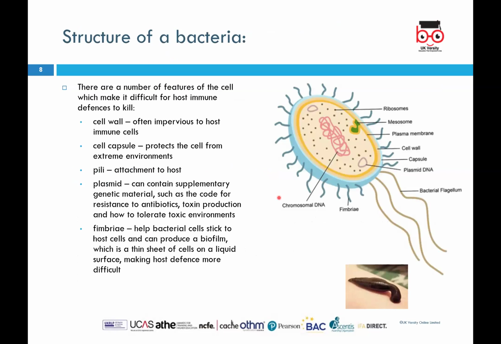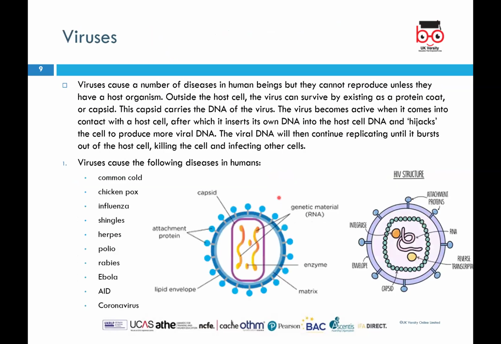So we talked about the bacteria, how they're structured, and then we talked about viruses, that they have DNA. DNA causes them to replicate, to multiply, and how they attack cells, human cells. They cannot reproduce unless they have a host organism. We talked about what a host is, how you can be a good host by reducing your immunity.